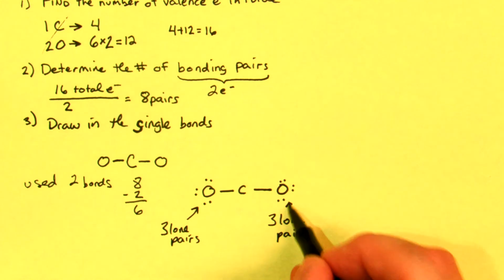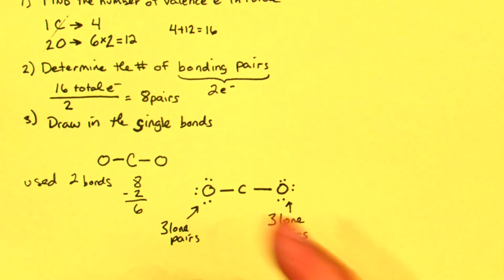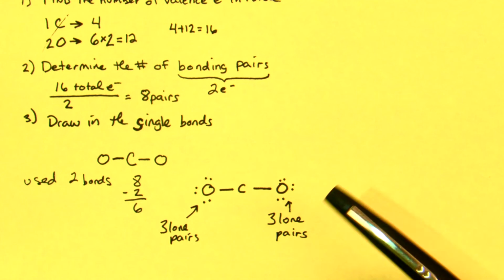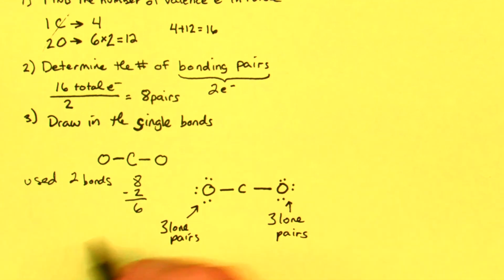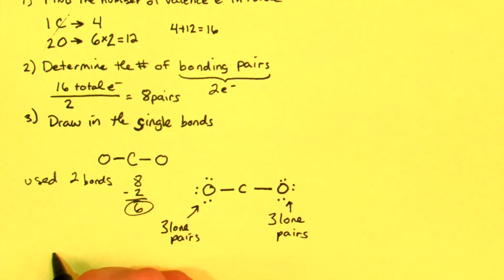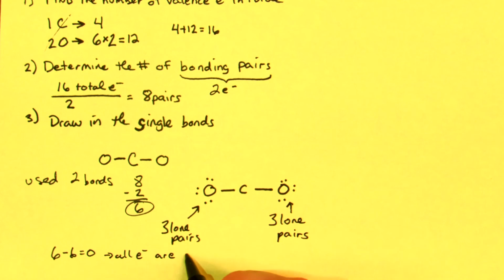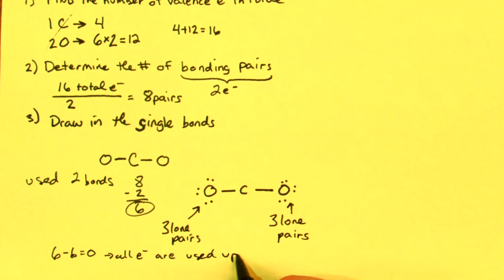Now, at this point, once you fill them in, how many lone pairs did I use in total? 6. So I had 6 left over. So 6 minus 6 is 0. So that tells me all electrons are used up, which is good.